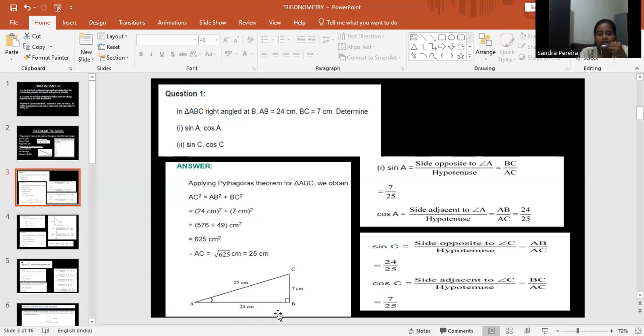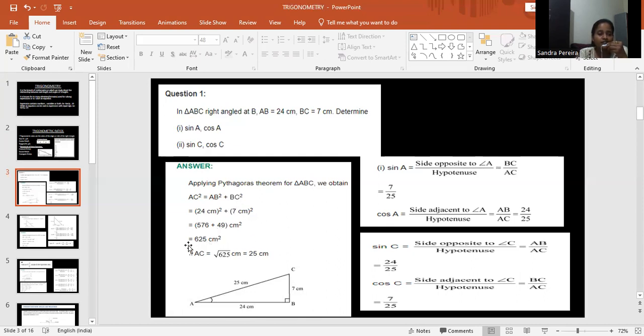So this is our P and this is our B, and this is H. We know that cos of any angle is equal to base by hypotenuse. Here base is BC, hypotenuse is AC. So it is written as BC by AC. Now we put the value of BC and AC, that is 7 by 25. In this way we can find the value of all the trigonometric ratios.